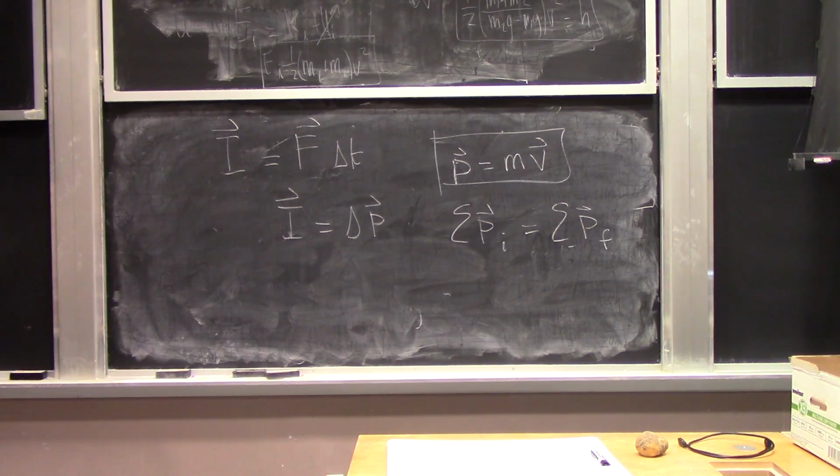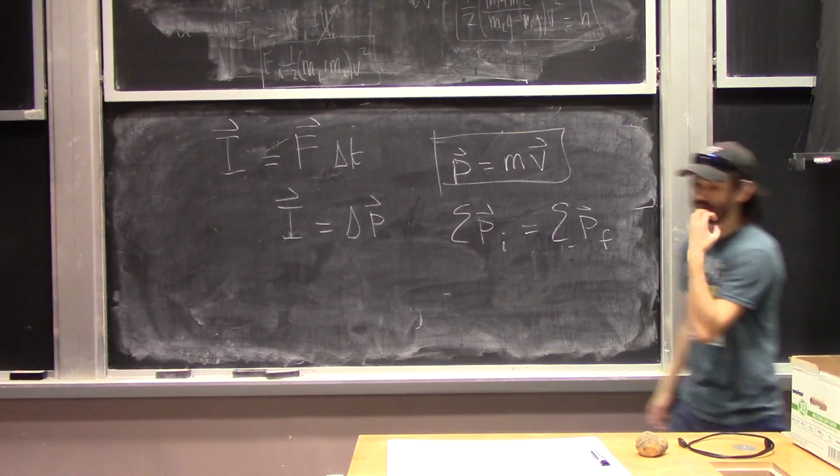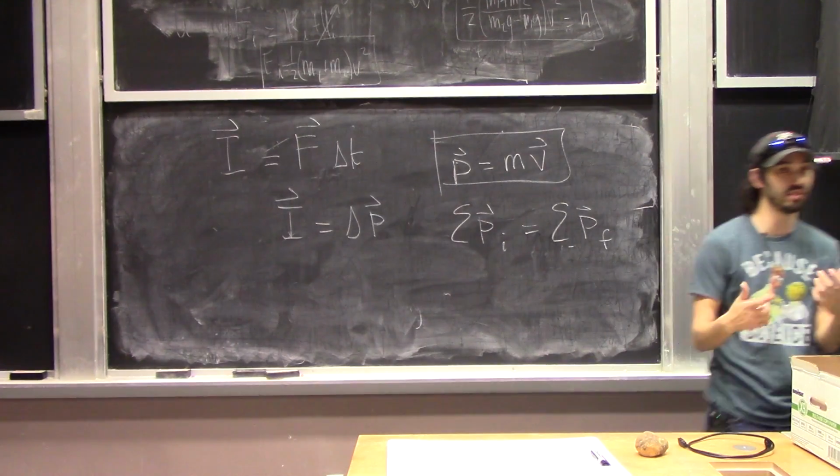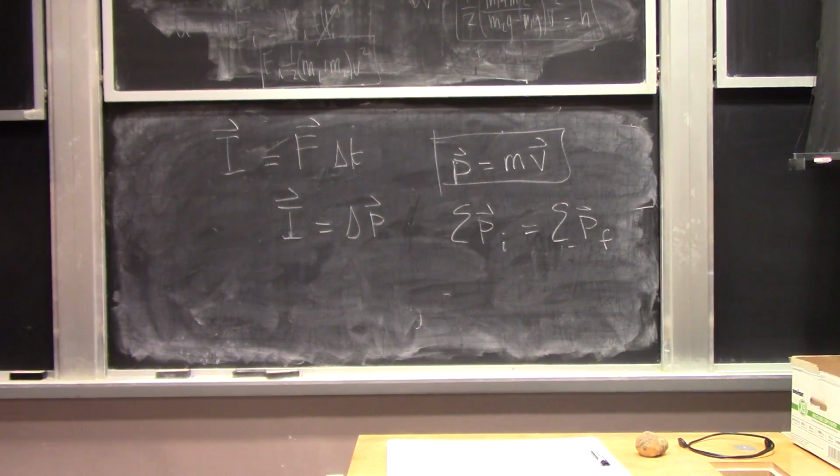And so when we're looking at these two cars, with car 1 moving east and car 2 moving north, these two objects are going to have the same magnitude of momentum. That's true, but their total momentum is not the same because they're moving in different directions.